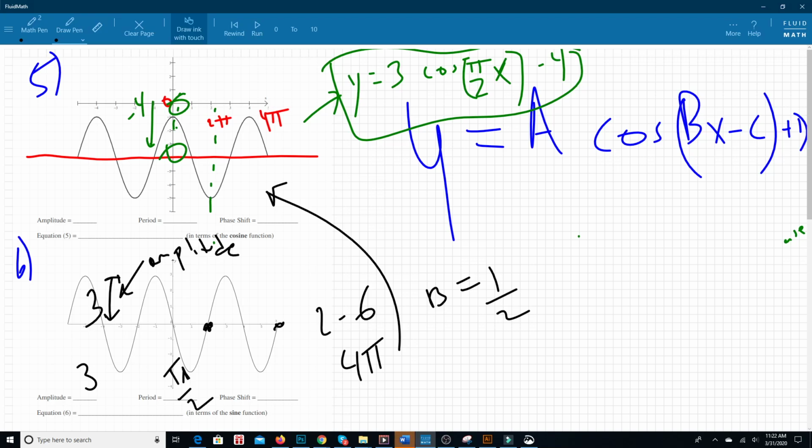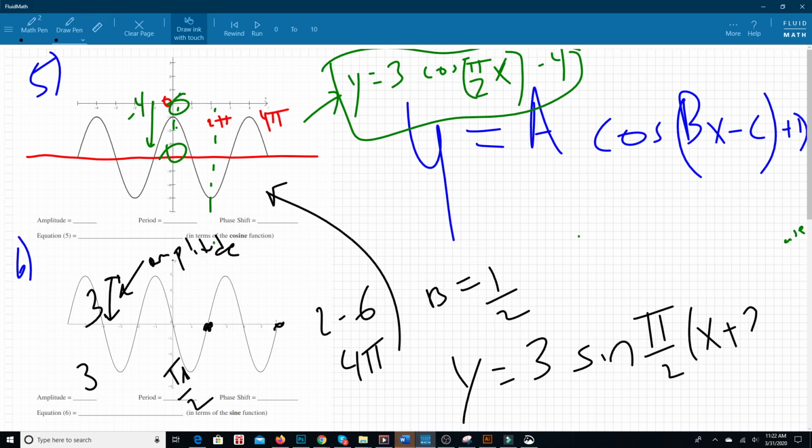So my final answer would be, remember this is a sine curve, pi over 2 x plus 2. Right, because I want to move it back 2 units. So keep in mind, when it's in the parentheses and you have a positive number, then it moves to the left. Any questions on this so far?